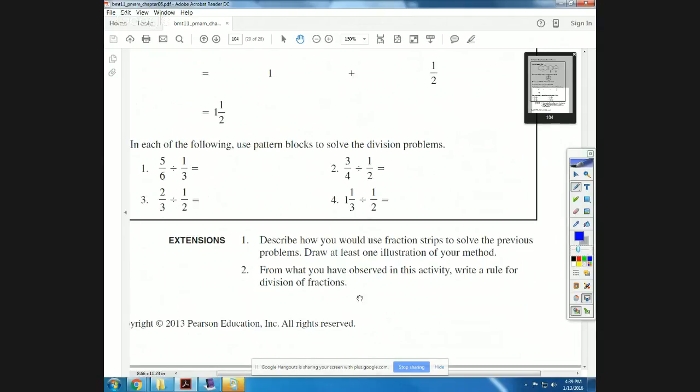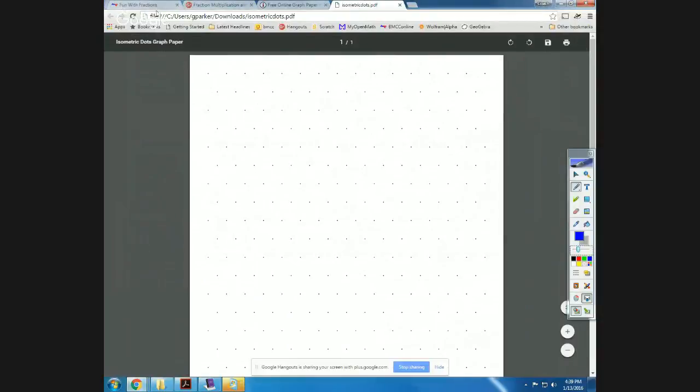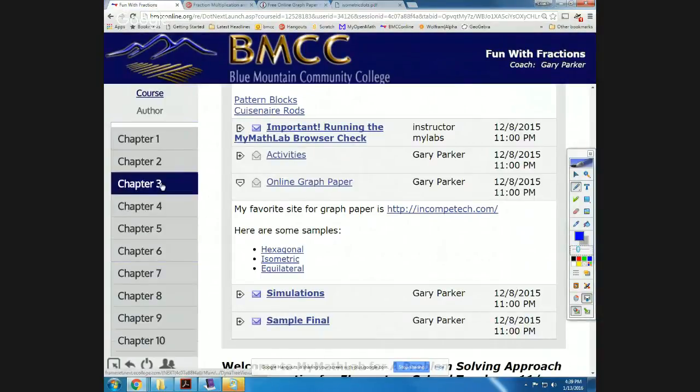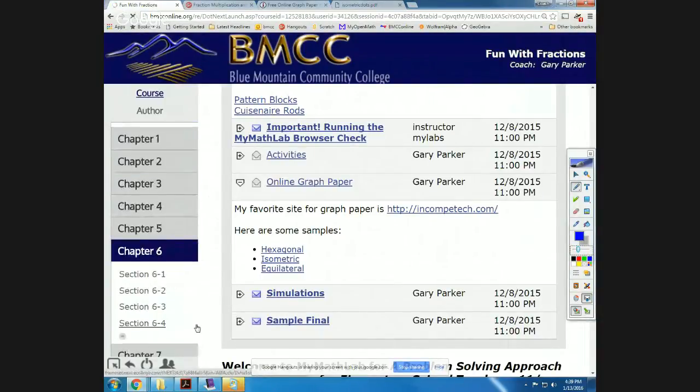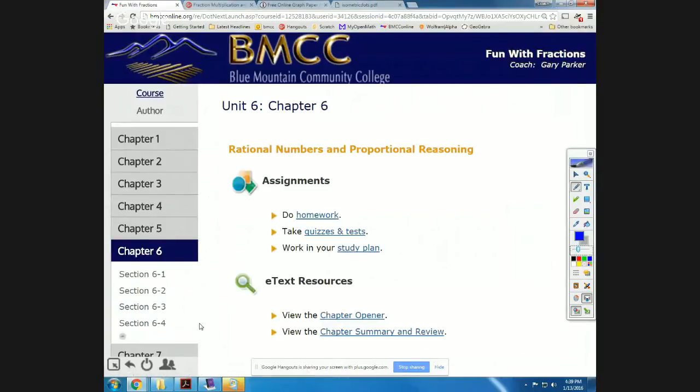So give the homework for section 3 a shot over the weekend. And then we will tidy up our work in section 3, and then we have one more section to finish up in chapter 6. Get done with fractions.